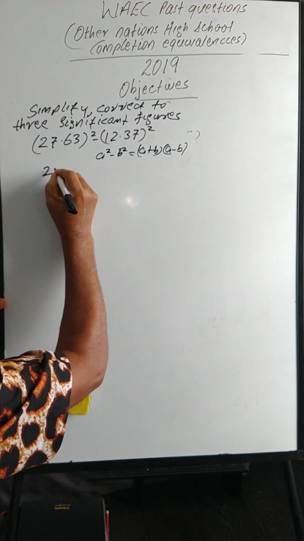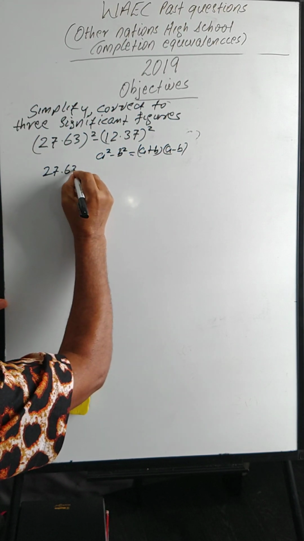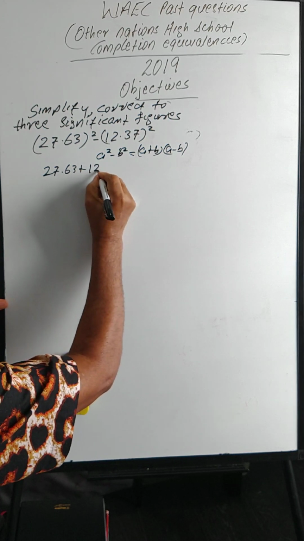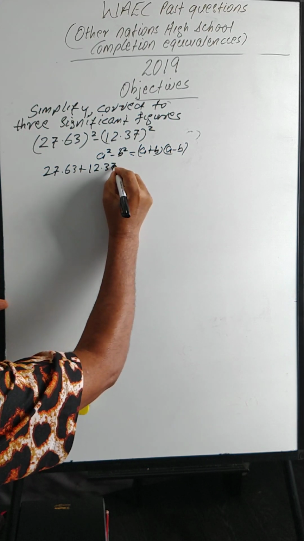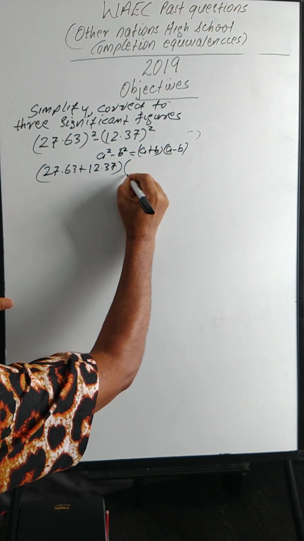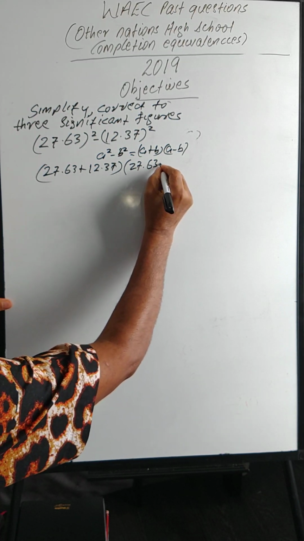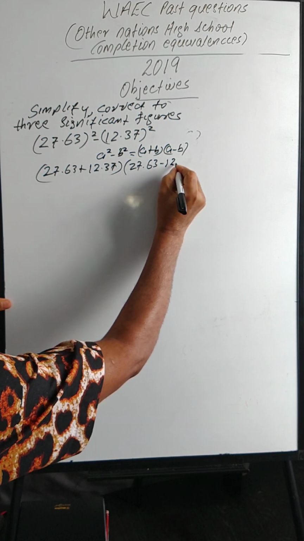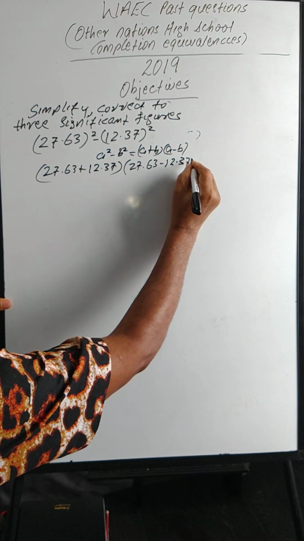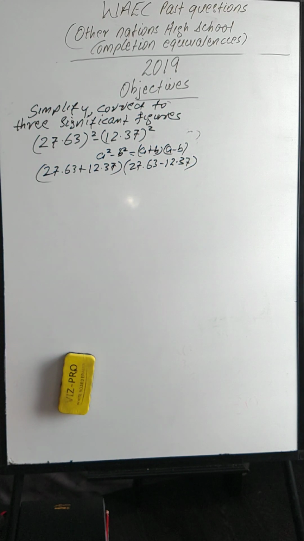So this becomes 27.63 plus 12.37 times 27.63 minus 12.37. And now we solve. We add as we have it there, and thereafter we now multiply the result.